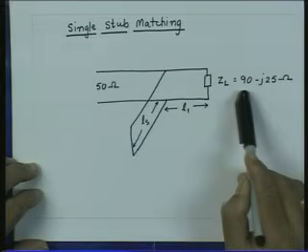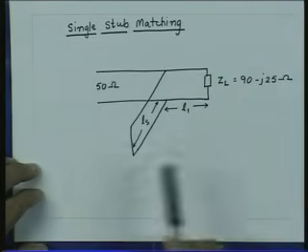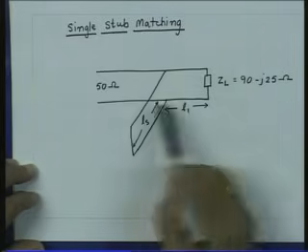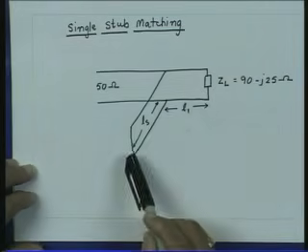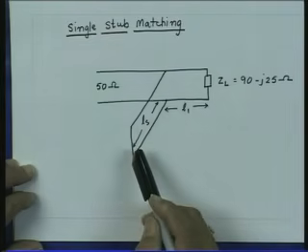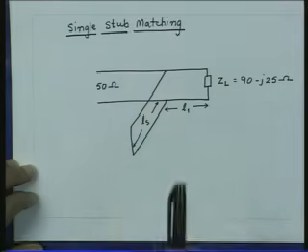Let us take now one problem for the single stub matching. Let us say we are given an impedance of 90 minus j25 ohms. Now as we know that in single stub matching, the lines which are used for the matching purposes, the main line and the stub, they both have the same characteristic impedance, 50 ohms.